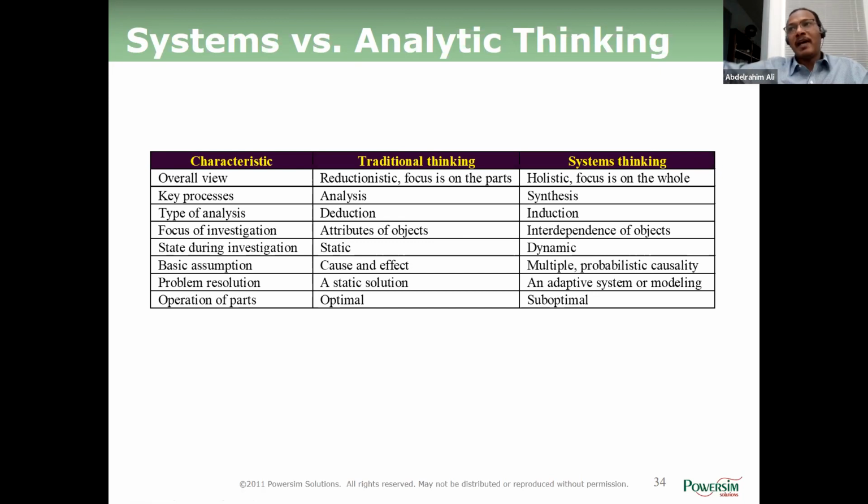So you need to find that loop and close that loop. For problem resolution, the traditional approach usually gives a static solution, while here it is dynamic modeling. The operation of the parts here is optimal. In systems thinking, you don't think about it as optimal, because usually it's changing.